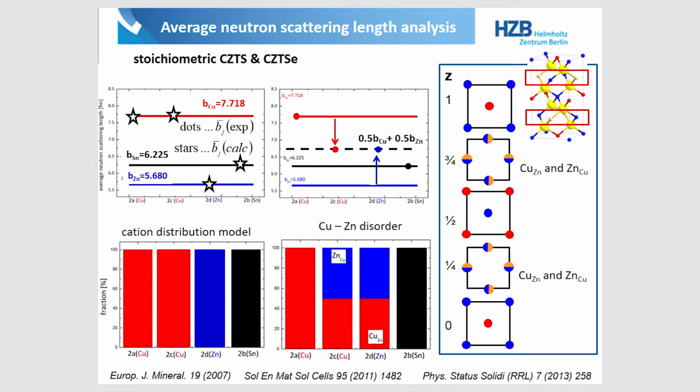You can change the degree of disorder according to your growth temperature, and if you take a long time, there will be a bit less disorder, but to reach complete order will take, I think, years. So we looked for the order-disorder transition also, which I will not show here, but to reach order by long-term annealing takes a very long time.